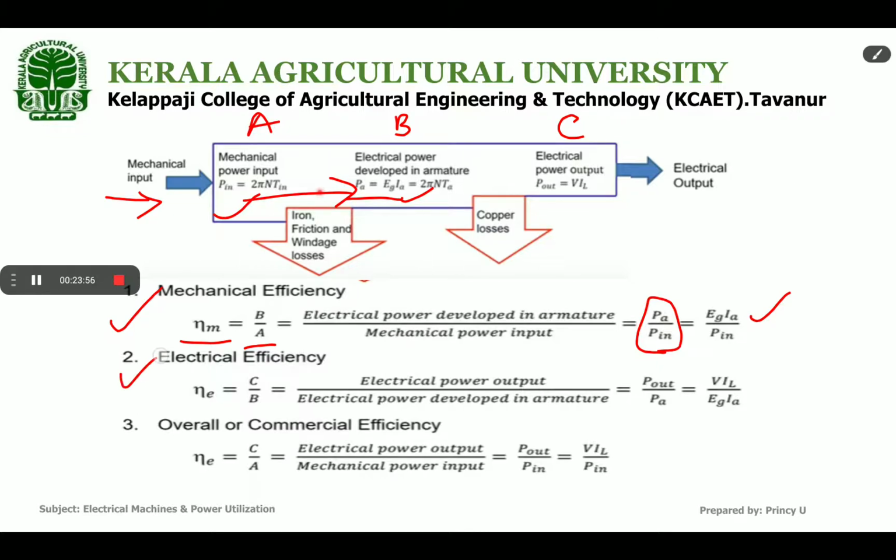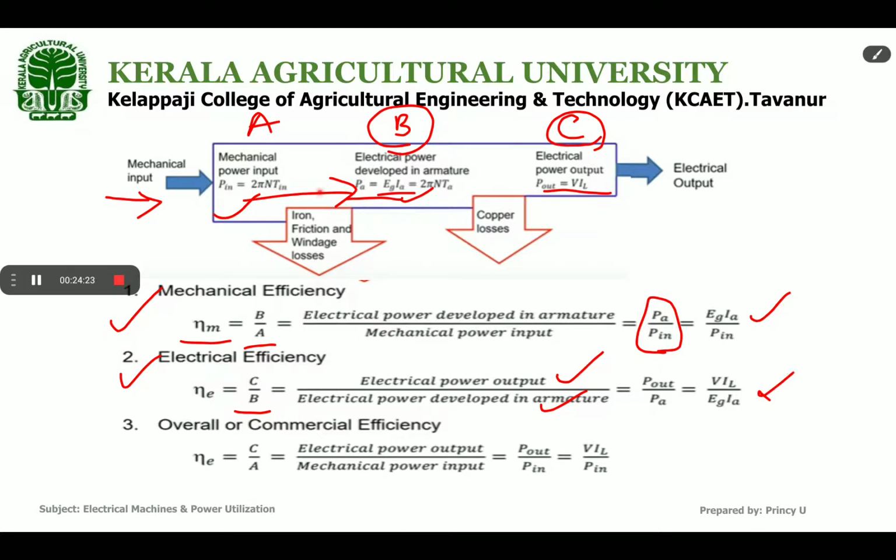And the next efficiency is electrical efficiency. Electrical efficiency is the power stage C divided by B, that is C by B, which is electrical power output divided by electrical power developed in the armature. So we can represent it as P out divided by PA. We know the equation V IL divided by Eg Ia is the electrical efficiency.